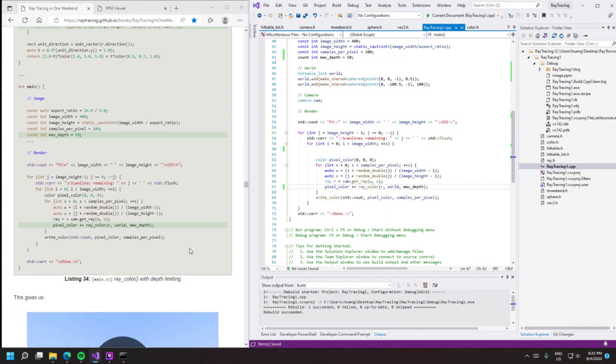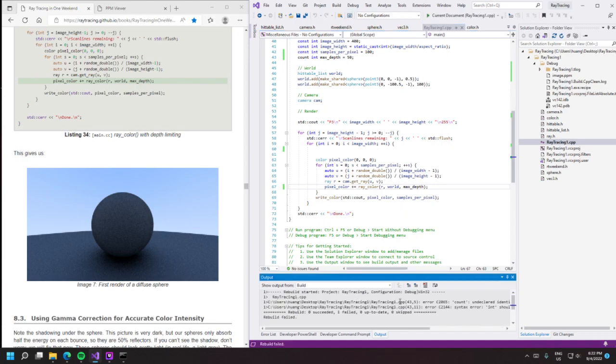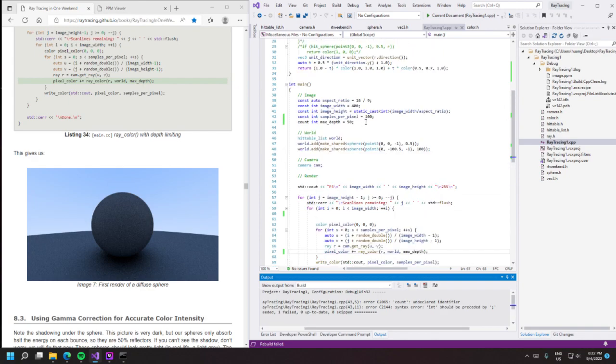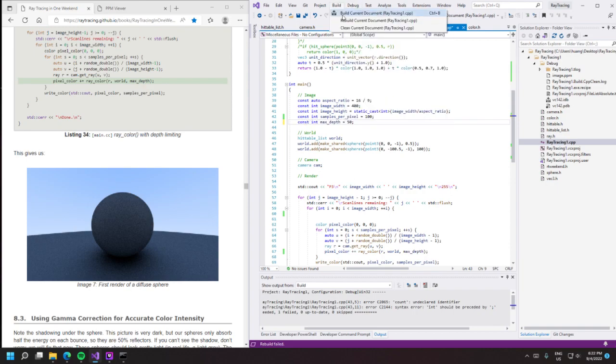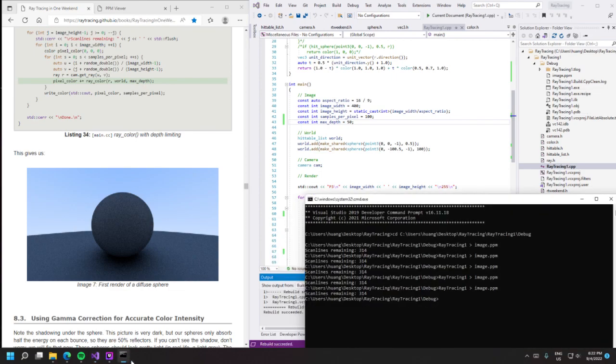Okay. And let's see if everything works, because last time everything looked really bad. And where did I forget to? Oh, okay, yeah. And let's do it again.